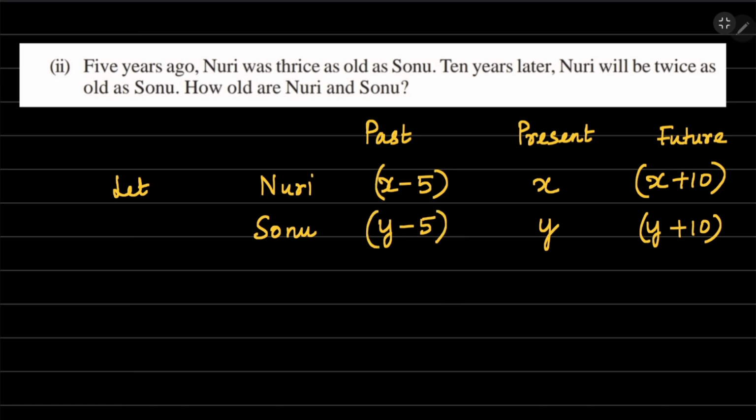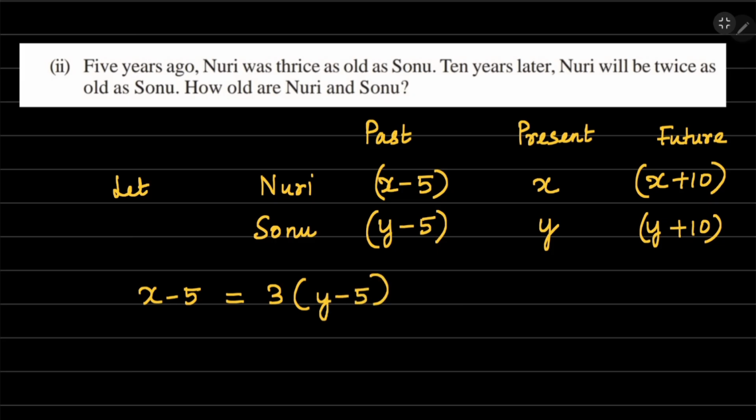Now let us read the question and write the statements in the form of linear equations. So 5 years ago means you have to only take a look at the past. Noori was thrice as old as Sonu. Noori's age, that is x minus 5, was thrice as old as Sonu, that is 3 times y minus 5.